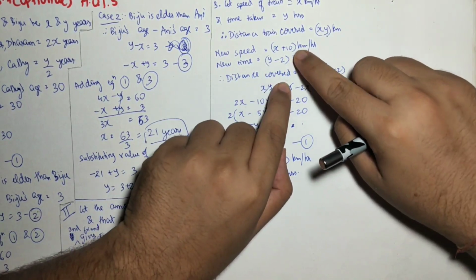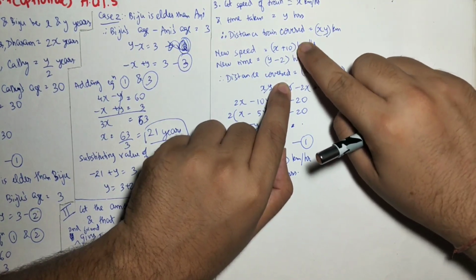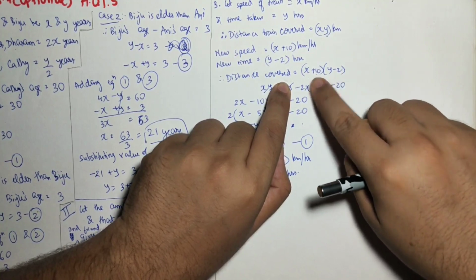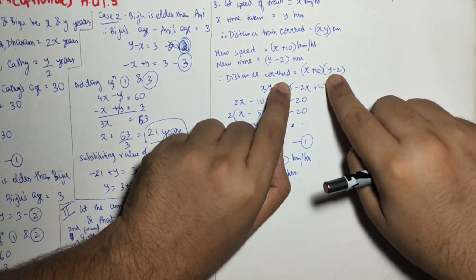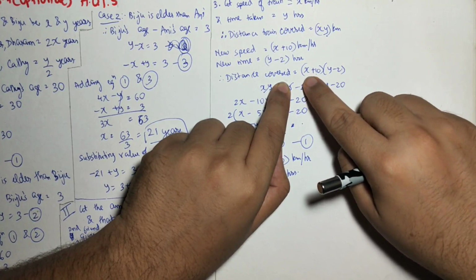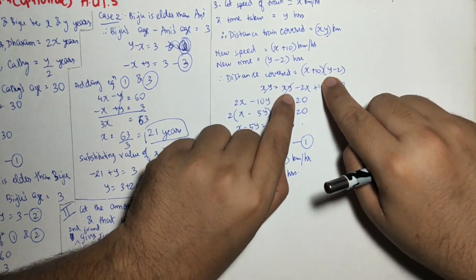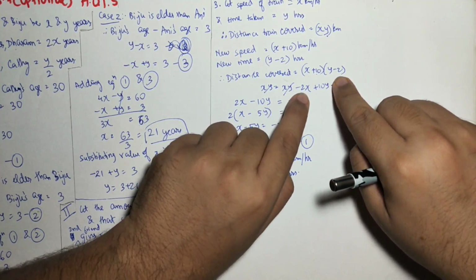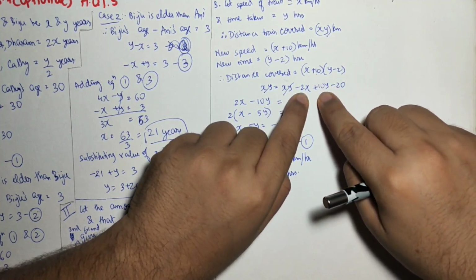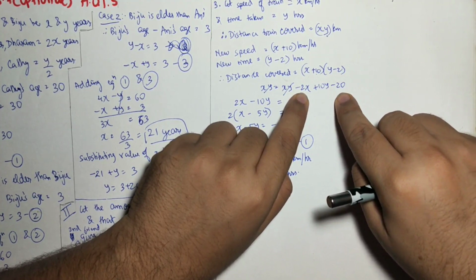So distance covered will be new speed into new time. Multiplying two brackets means first term with the whole bracket and second term with the whole bracket. So x into y will be xy, x into minus 2 will be minus 2x, 10 into y will be 10y, 10 into minus 2 will be minus 20.